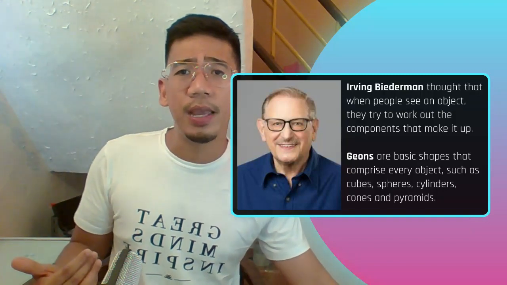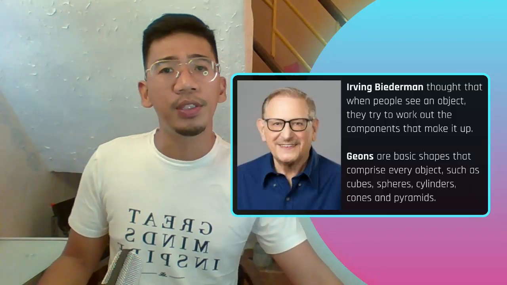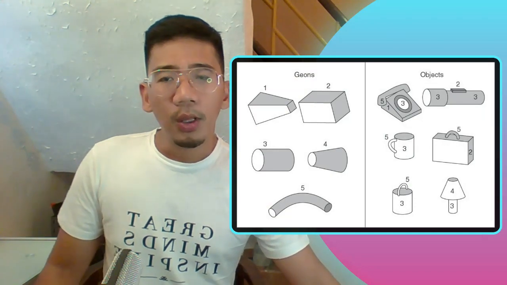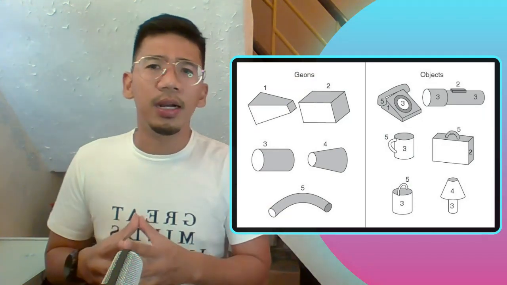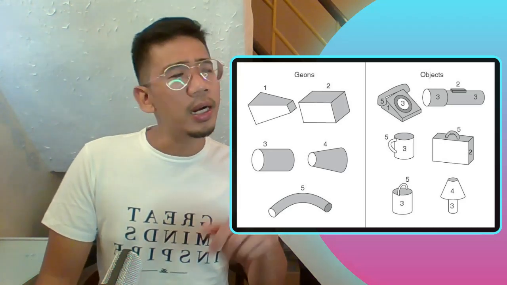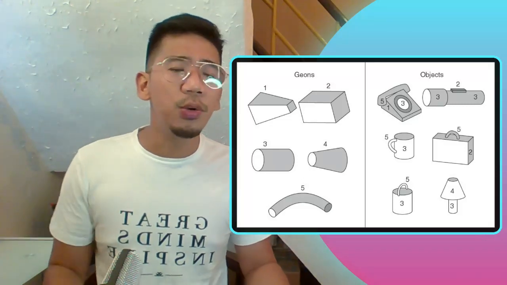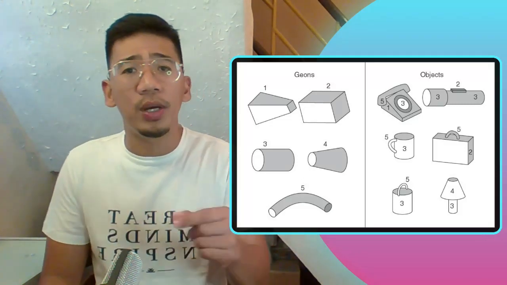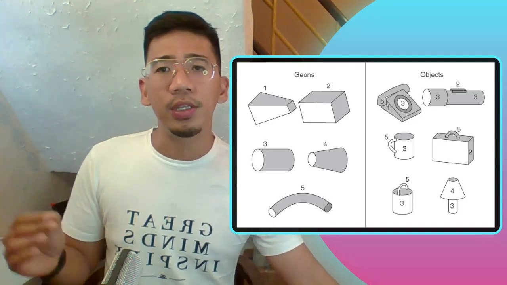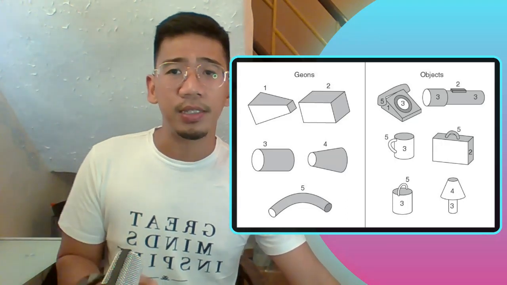To construct a cup, for example, you need a cylinder with a curved cylinder attached as the handle. According to this theory, there are only 36 geons that exist, and they are sufficient to make all objects possible. When you see a new object, the idea is that you establish what geons are required to make it up and compare these groups of geons to your stored knowledge about the geons needed to construct objects.